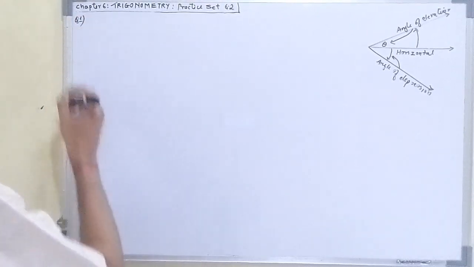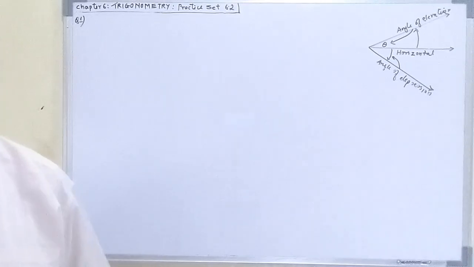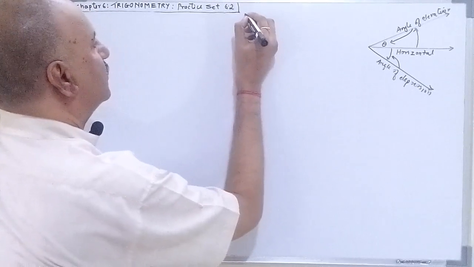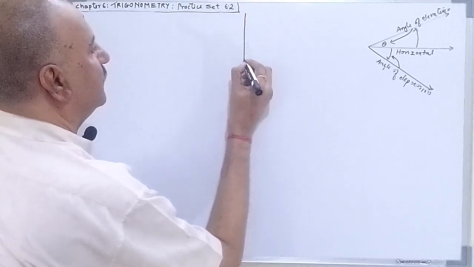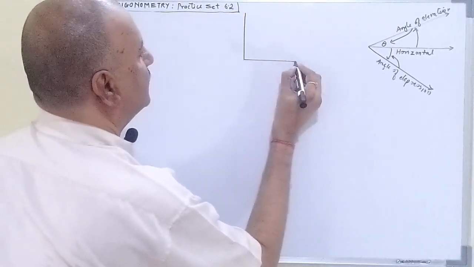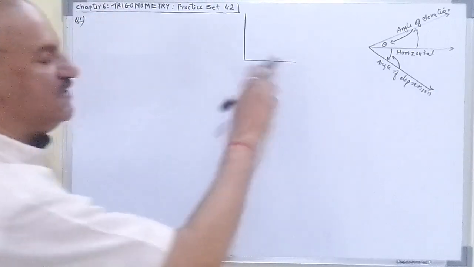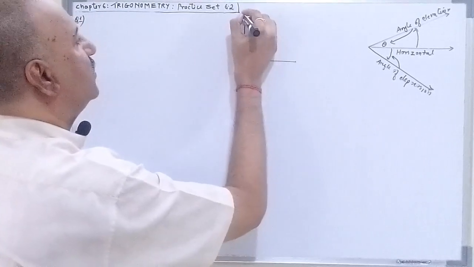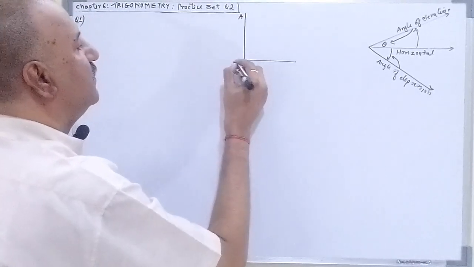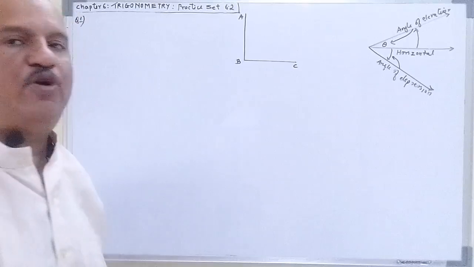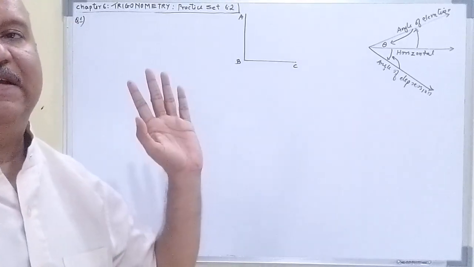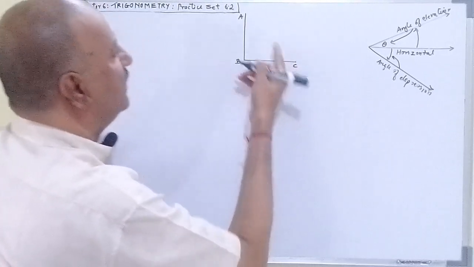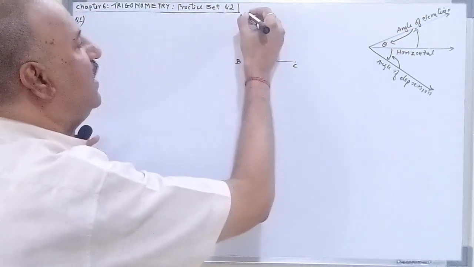Question 1. See, what they have given us is there is a church. So AB is the church, and C is the point where the person is standing. Now he is looking at the top of the church here.